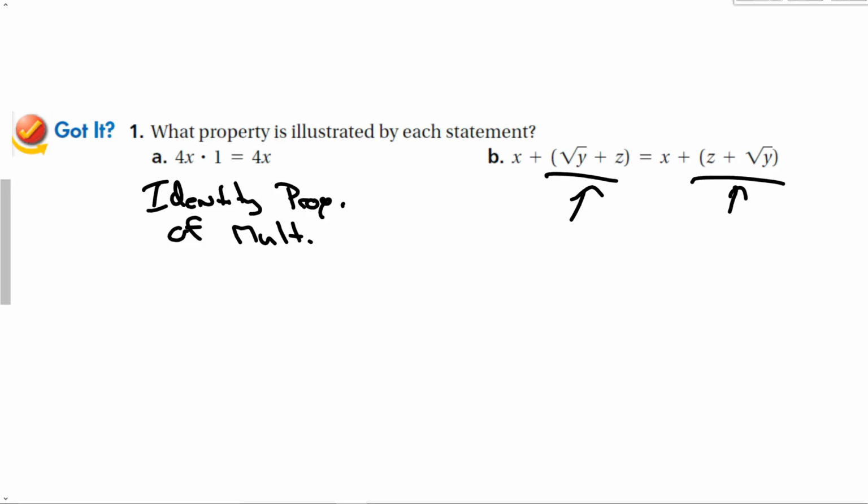What has changed is the order that I'm adding that stuff in the parentheses. So part B here is not the associative property because the order that I'm adding things is different. This is the commutative property of addition.